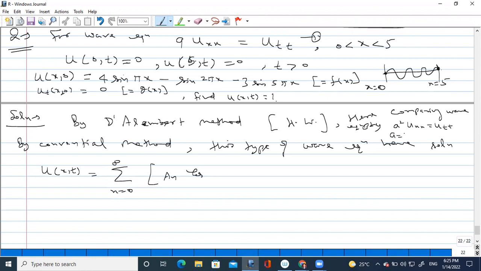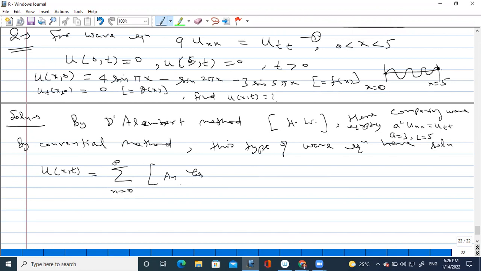So here a will be equal to 3, okay, and L will be equal to 5, because here this expression is 0 to L, but here it is 0 to 5. So L is equal to 5, a is equal to 3. So everything I will replace. L I will replace by 5, a I will replace by 3. So that one step will be saved.